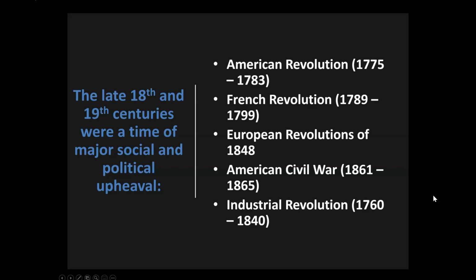And when those things begin to happen, for all of their negative outcomes, some of the positive outcomes is that thinking begins to be shaken up. Utilitarianism is a product of this sort of social and political upheaval.